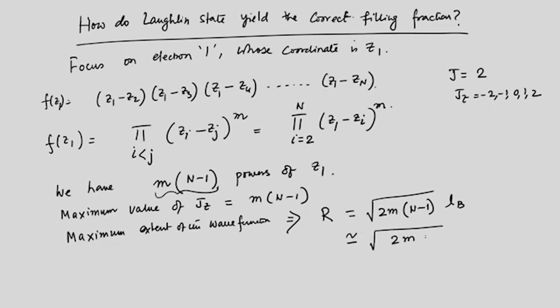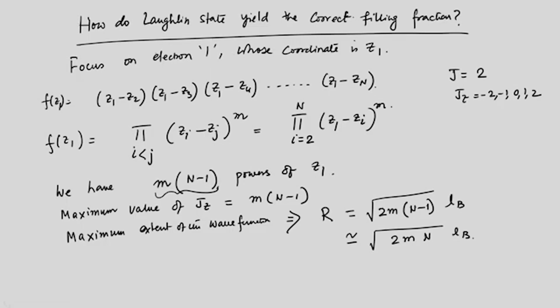So it is root 2mn LB. We have shown that the extent, the radius of the circular wave function in the symmetric gauge, has this 2m LB, but the maximum is given by root 2mn LB, where n is the total number of electrons present.